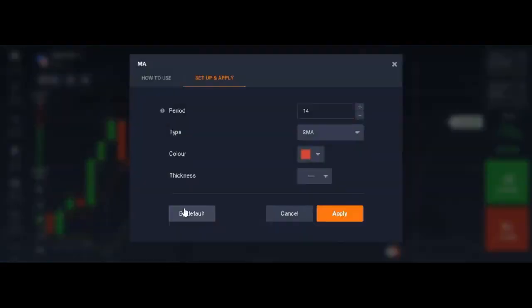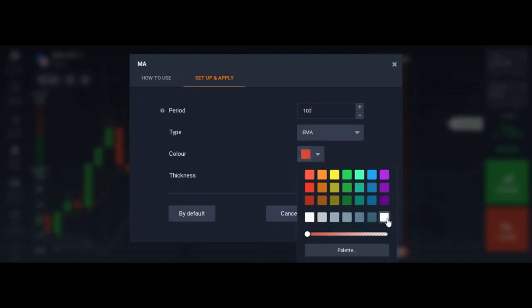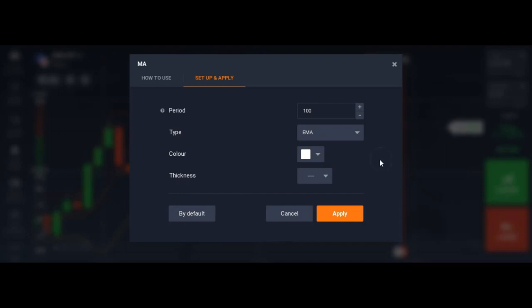Moving average. Period 100. In type we are going to put EMA. In color we are going to put white so that it looks good, and a white thickness.